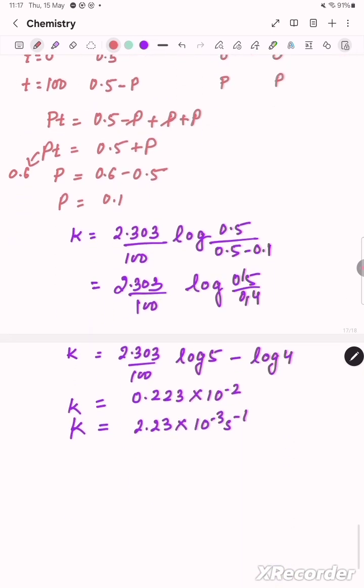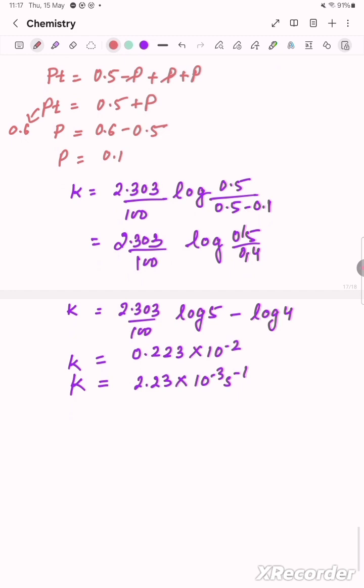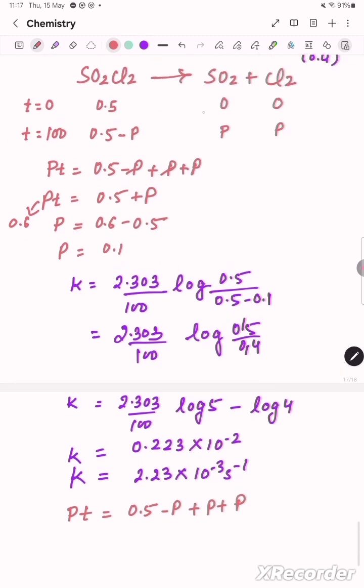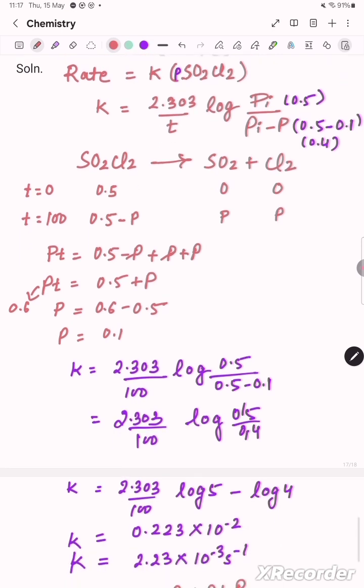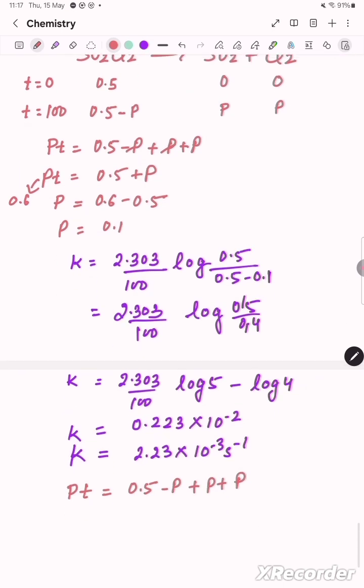So we put the value here: Pt is equal to 0.5 minus P plus P plus P. Again we have to write this, and here you have to take total pressure not 0.6 but 0.65, as given in the question.